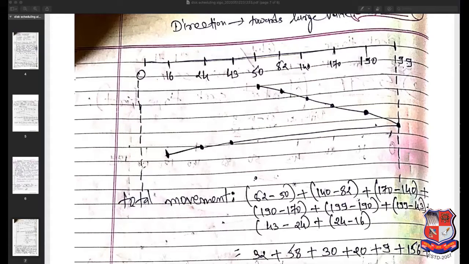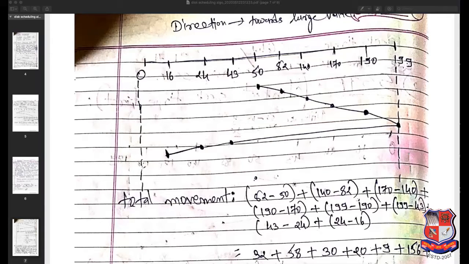The main concept in the scan disk scheduling algorithm is that we traverse every point up to the end, and once we reach the end, we move in the reverse direction, again traversing every point till the end value.